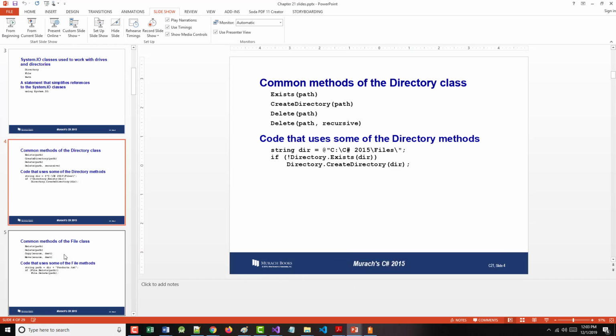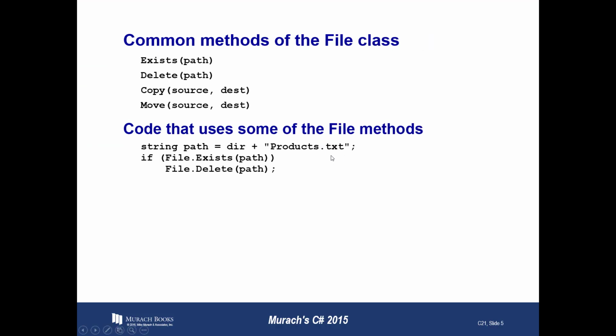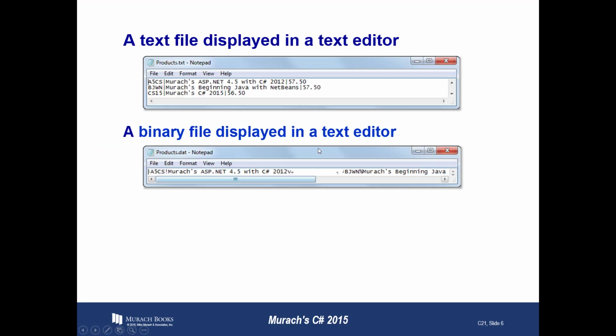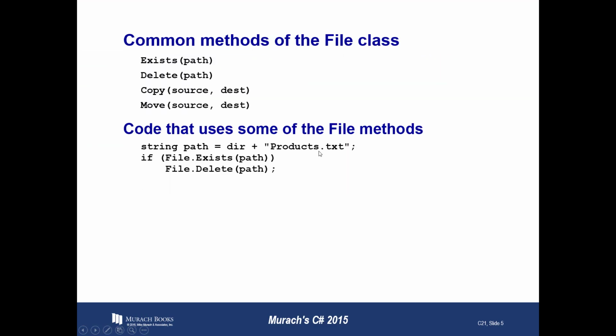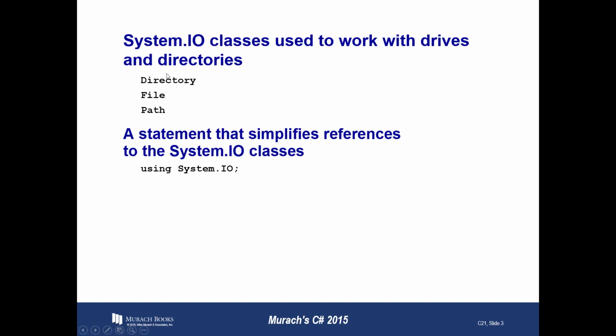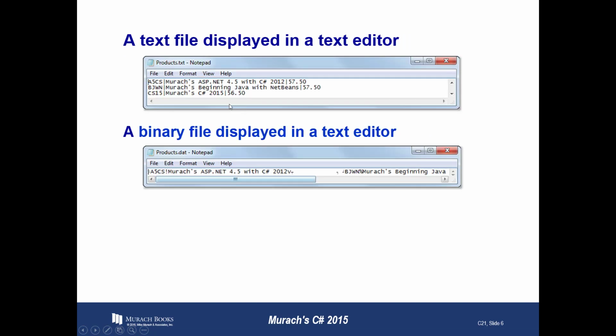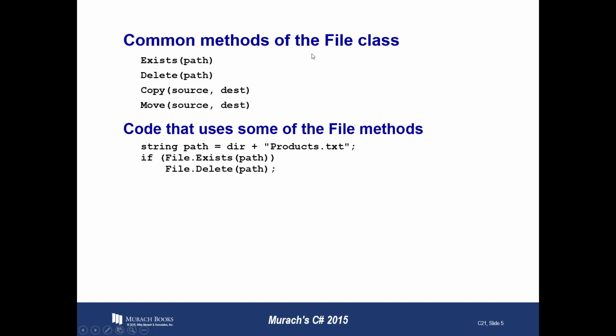Alright, so continuing on, I just went through that example with you. So notice we've got examples of methods of the Directory class: Exists, CreateDirectory, Delete, and Delete. And then we've got some for the File class: Exists, Delete, Copy, and Move.